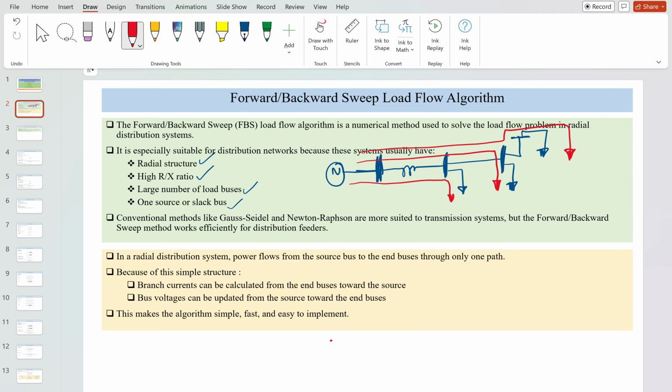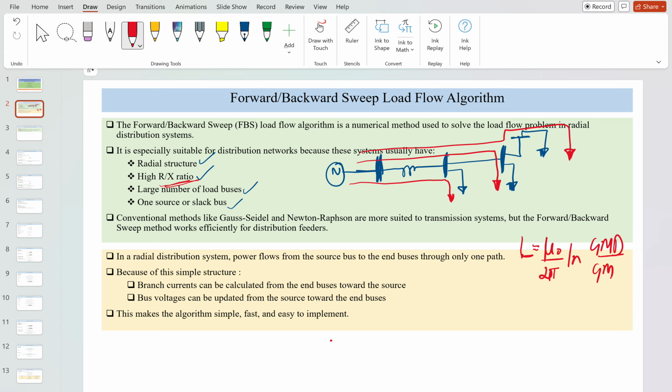Also, why is there a high R by X ratio? Have you seen the inductance formula for the conductors inside a three phase line or a single phase line? If you remember, it is mu naught by 2 pi ln GMD by GMR.